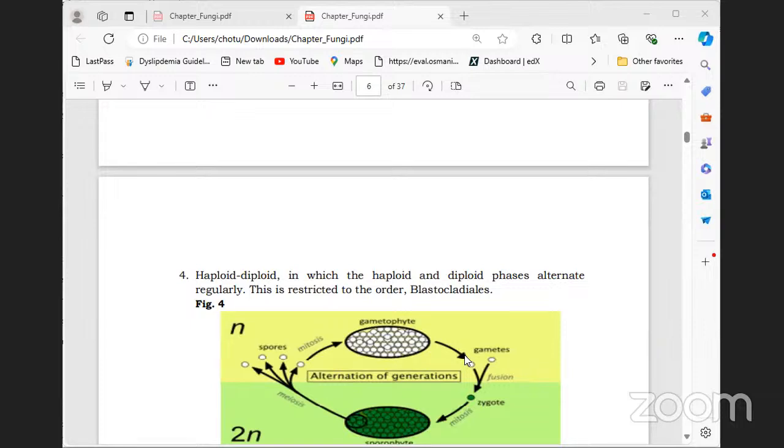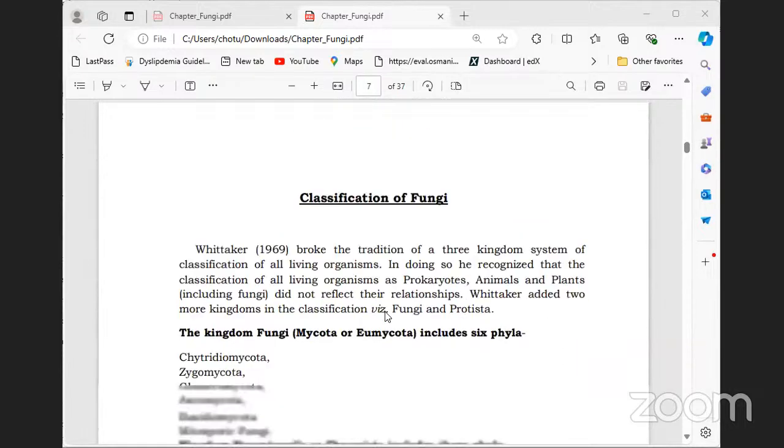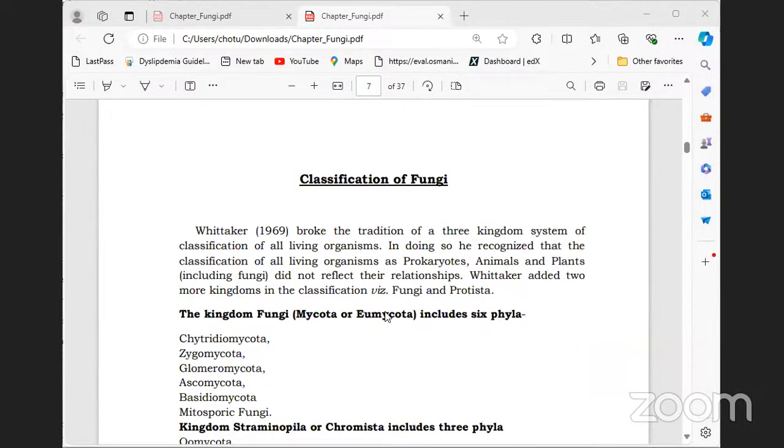Okay, madam. Coming to the next one, the classification. Very, very important. Based on the classification, some characters are most important to classify the fungi.